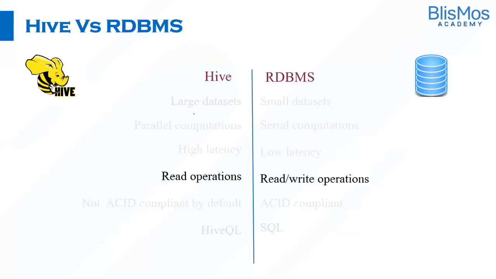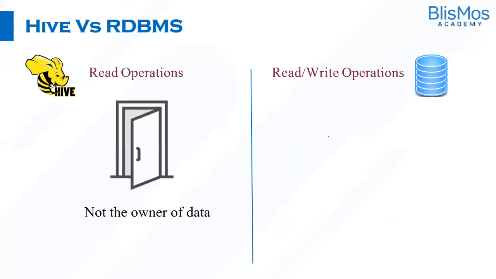Mostly, Hive is used for read operations. On the other hand, RDBMS is used for read and write operations. Because if you really see, Hive is not the owner of the data. Where does Hive store the data?